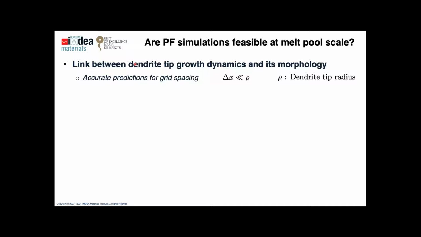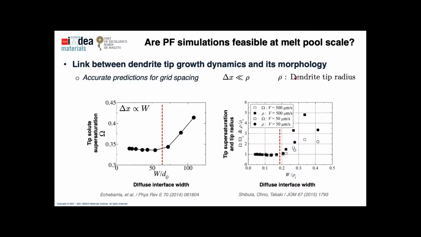So it's the dendrite tip curvature that decreases when the velocity increases. So it can get almost nanometric. In the case of AM, you need to have a grid spacing much smaller than your dendrite tip radius. And that is extremely constraining in terms of discretization that you need.